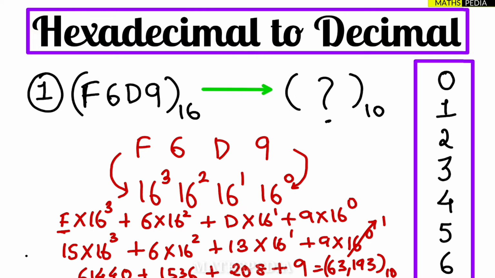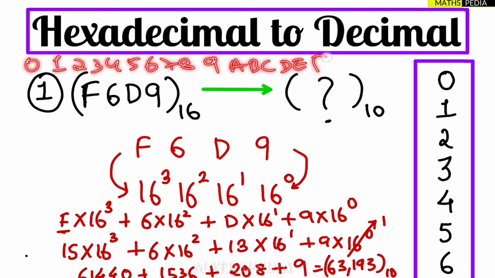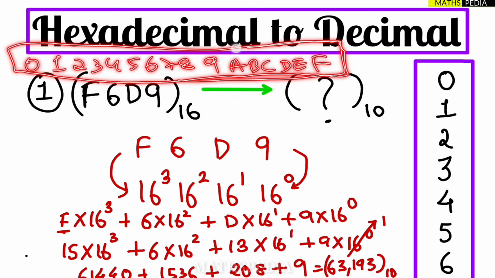Okay, we'll see that. Before that, you have to understand hexadecimal has 16 different symbols. Starting from which one? Starting from 0, it will be 0, 1, 2, 3, 4, 5, 6, 7, 8, 9. After 9, A, B, C, D, E, F. Altogether there are 16 different symbols.